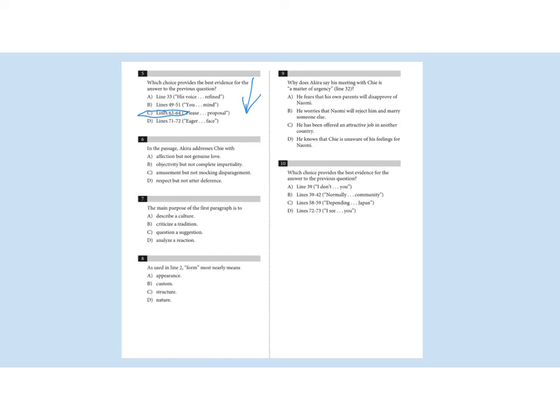In this passage, Akira addresses Chi with blank. This is again about language. How does he talk to her? How does he behave? We have to pull this answer from word choices.